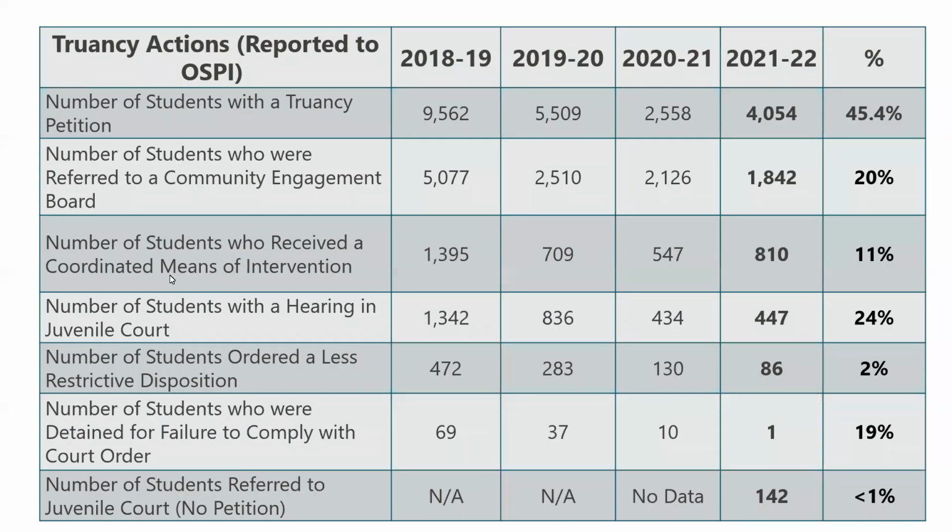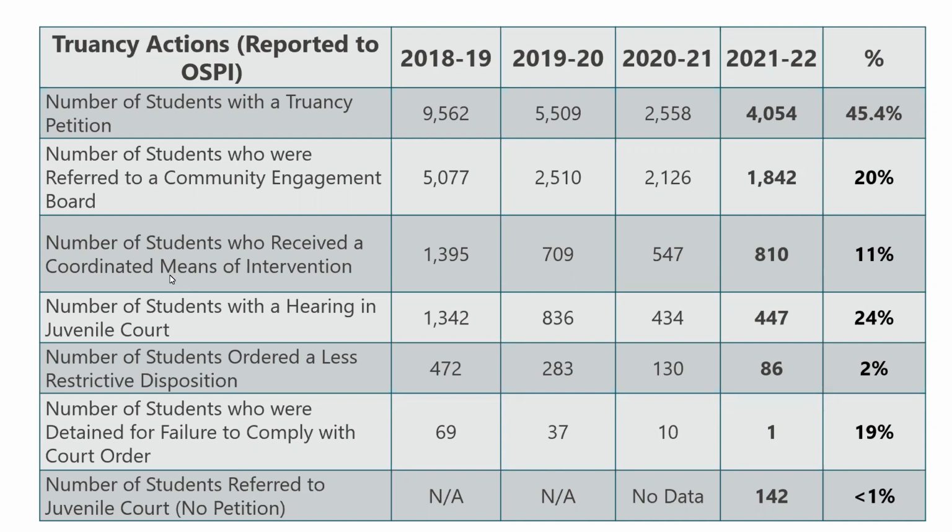Next slide. Again, a lot of data here, but I will walk you through it. As you may know, students, when they have a petition filed or when they accumulate absences, go through a bit of a process. So these are truancy actions that get reported to OSPI. Again, we talked above about how many students had a truancy petition. That was 4,054.